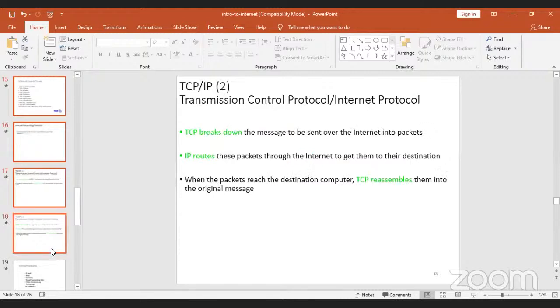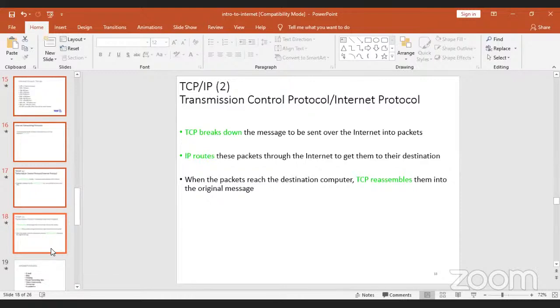So how does this work? The Transmission Control Protocol, TCP, breaks down every message you send on the internet into packets. Packets are called data chunks. So the TCP breaks any message that is being transmitted on the internet into data chunks called packets.